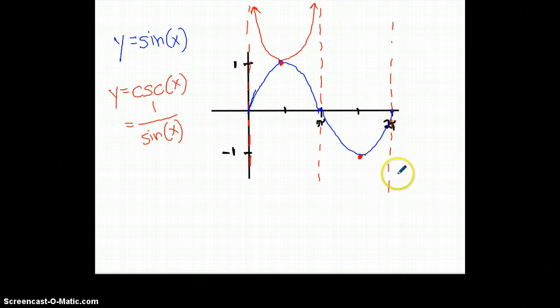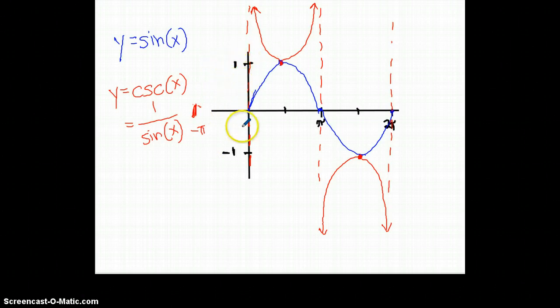Now do the same thing down here. Again, reciprocals and vertical asymptotes, but which way is it going to approach the vertical asymptote? Well, everything in here between pi and 2 pi is negative, so all the reciprocals should therefore be negative. And your graph of cosecant is going to look something like this. And I could continue this to make another point, negative pi.